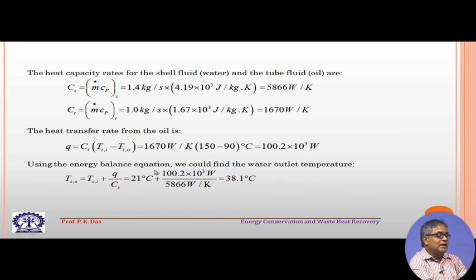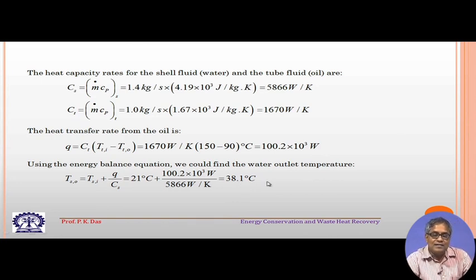Using the energy balance equation, on the water side we do not know the outlet temperature. So, the outlet temperature for the water side we can determine, because now the total amount of heat transfer has been calculated, and we can use the simple formula for energy balance, and with that we get the outlet water temperature as 38.1 degree Celsius.